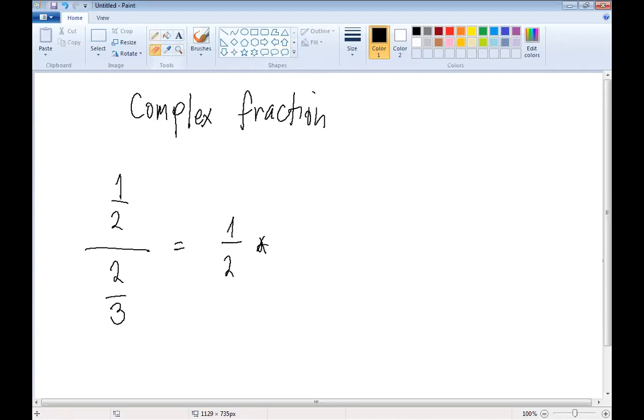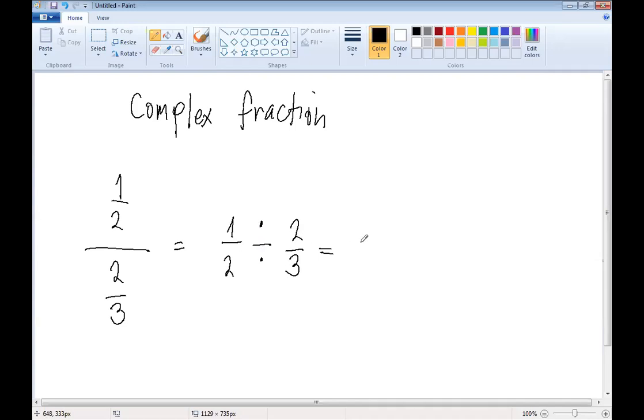So the first thing you will do is this: 1/2 divided by 2/3. Instead of division, you can change it into multiplication by using the reciprocal, or the inverse, of this one.